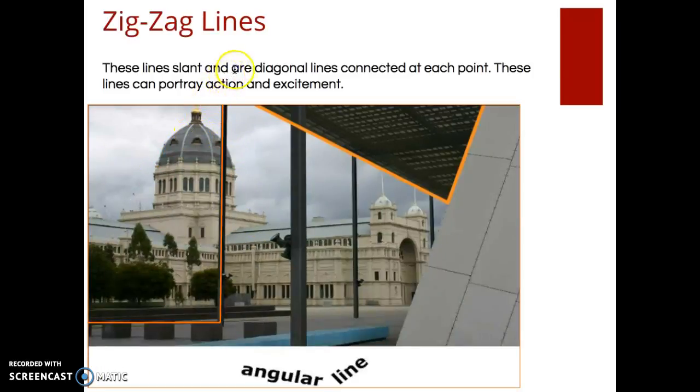Zigzag lines are diagonal lines connected at each point. These lines can portray action and excitement. So for instance, you have a line that connects here and then connects to a diagonal and then connects over here. This actually leads the viewer's eyes throughout the painting or picture so that you can see the different areas of the piece.